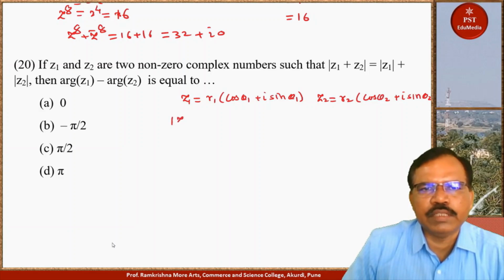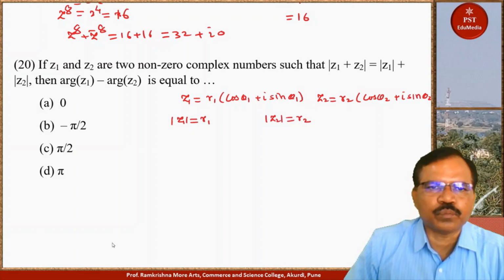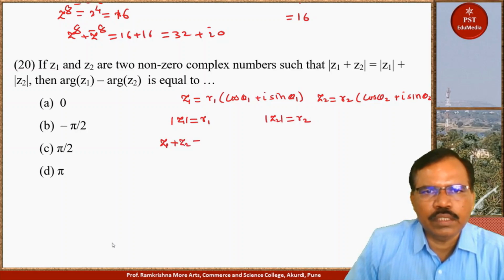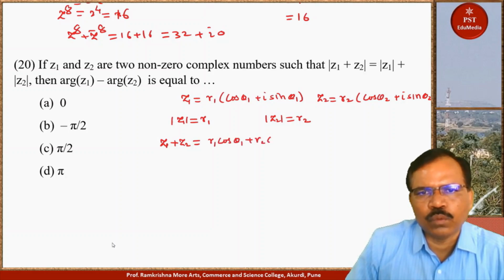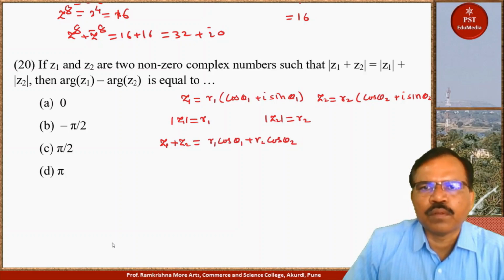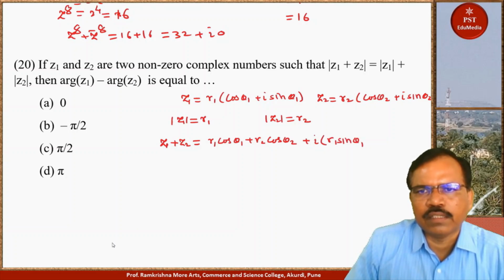So modulus of Z1 is equal to R1 and modulus of Z2 is equal to R2. Z1 plus Z2, if we add, we will get R1 cos theta 1 plus R2 cos theta 2 plus i times (R1 sin theta 1 plus R2 sin theta 2).